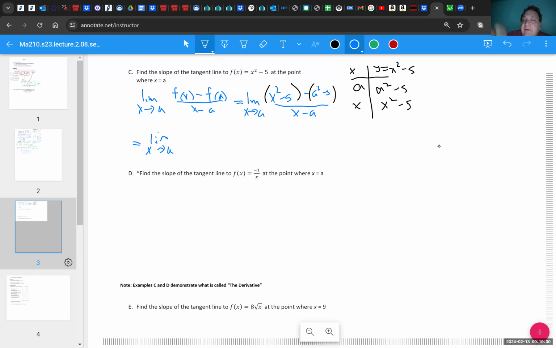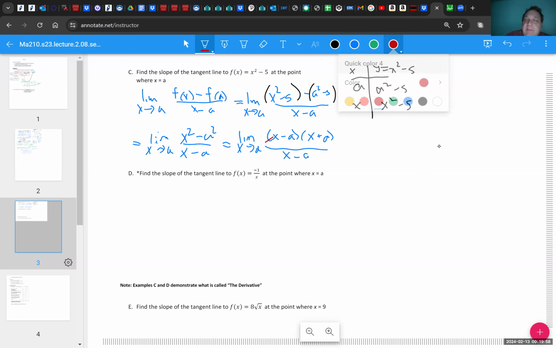Combine the things on the top: we have minus 5 minus a squared minus 5, which is x squared minus a squared on the top, and x minus a on the bottom. I can factor the top. This is the difference of squares that factors to (x minus a)(x plus a). The bottom is still x minus a.